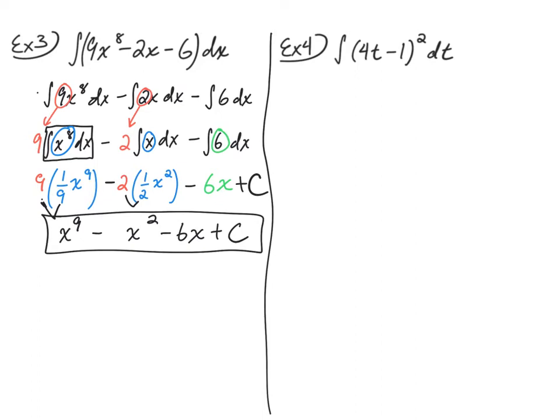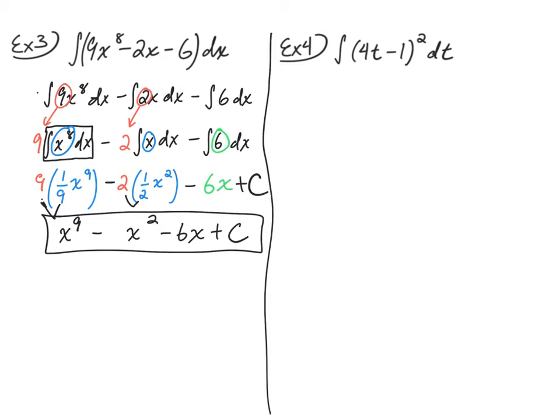Now eventually, if you don't see it already, we won't have to use all of these little rules like the sum and difference rule to separate these 3 terms into their own antiderivatives. We won't have to use the constant multiple rule. We can just jump from here to here. And I'm going to do that with this example here.